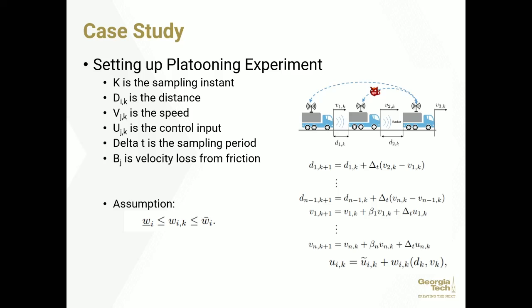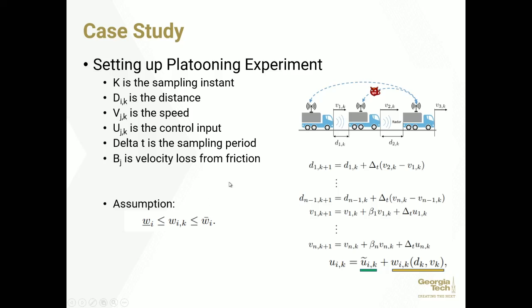And the reason that there are two values, u sub i sub k itself plus w sub i sub k times d sub k comma v sub k, is that we are going to be using both adaptive cruise control and cooperative adaptive cruise control. So the first one, underlined in green, is the adaptive cruise control. And the second one, underlined in yellow, is the cooperative adaptive cruise control, or CACC.